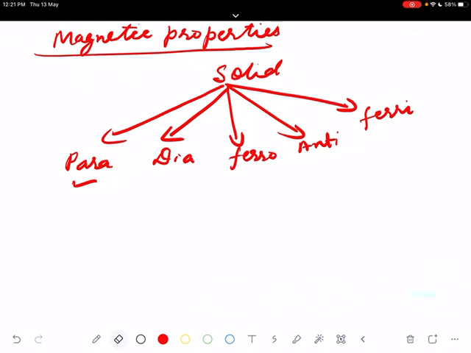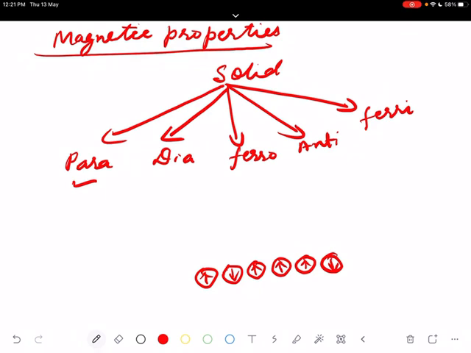And the last one is ferrimagnetism. In ferrimagnetism, it is observed when the magnetic moments of domains are aligned in parallel and anti-parallel directions in unequal numbers.